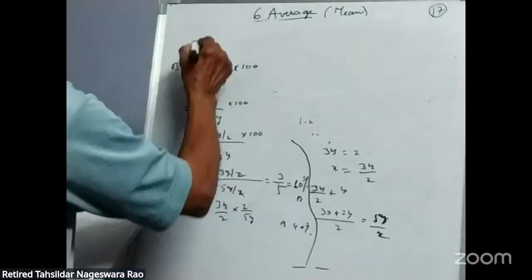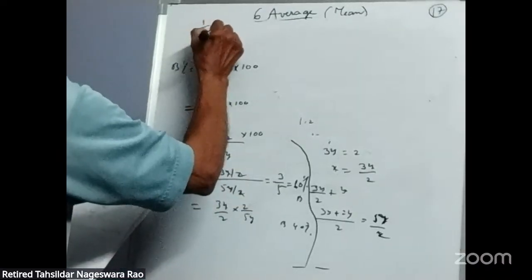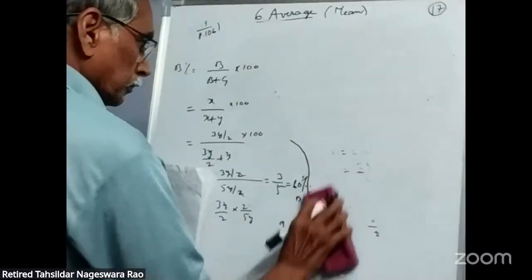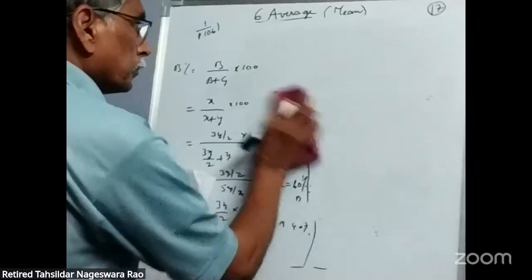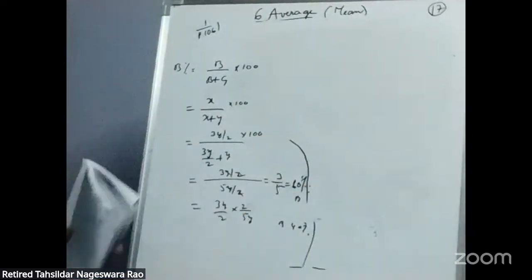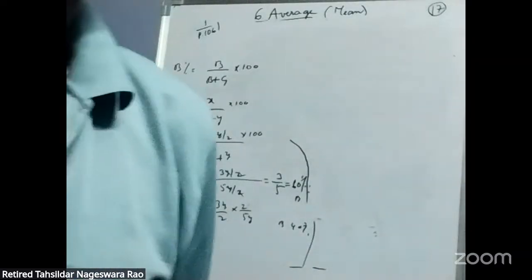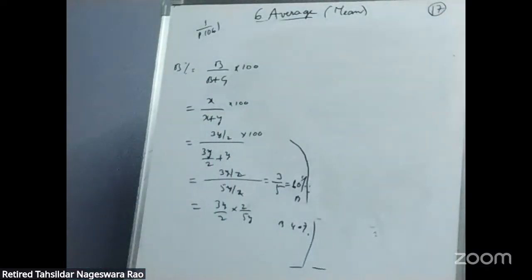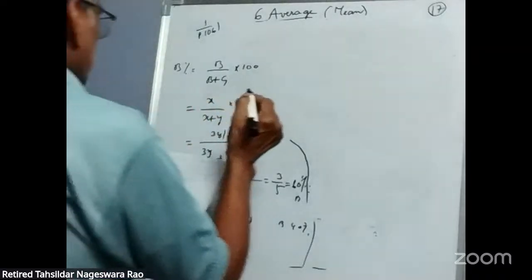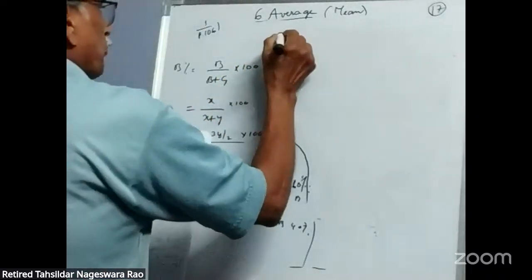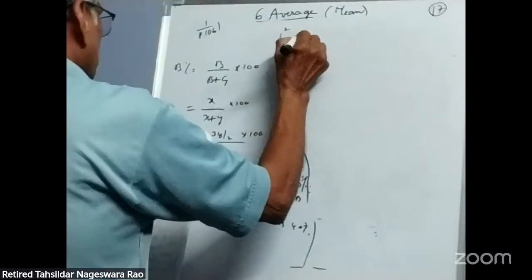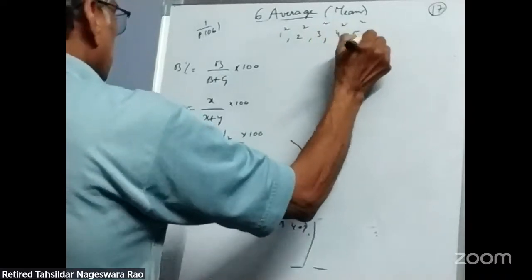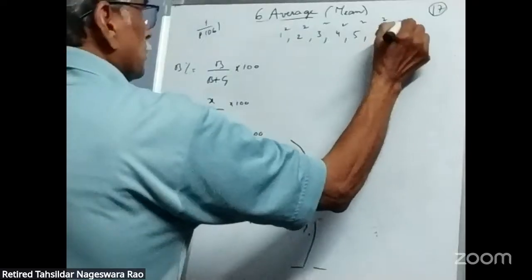Question 1. Find the mean, or average, of 1 square, 2 square, 3 square, 4 square, 5 square, 6 square, 7 square.